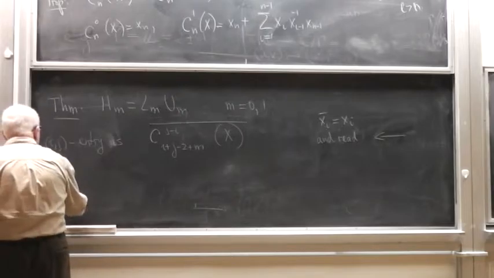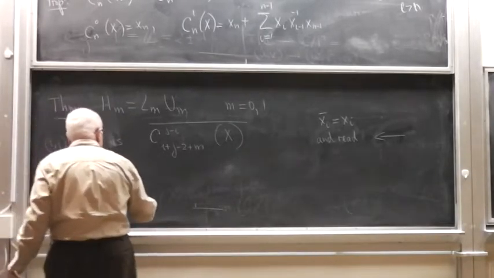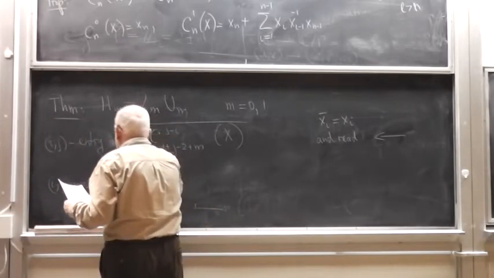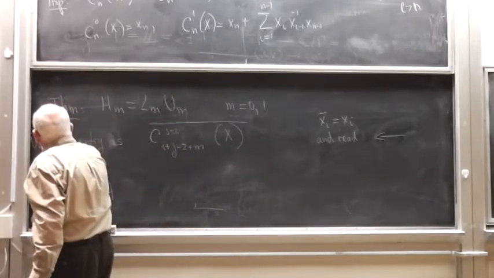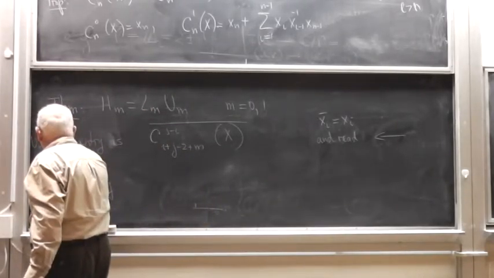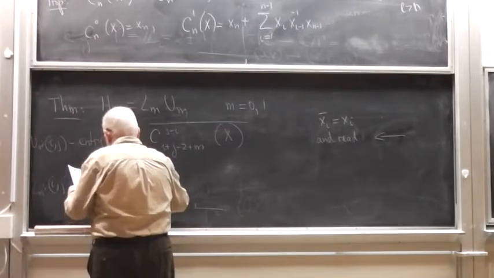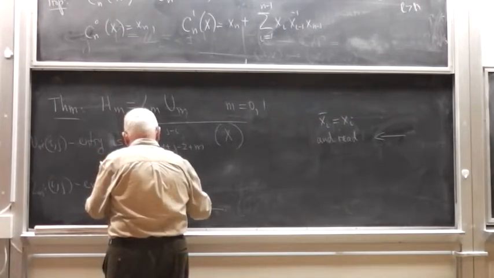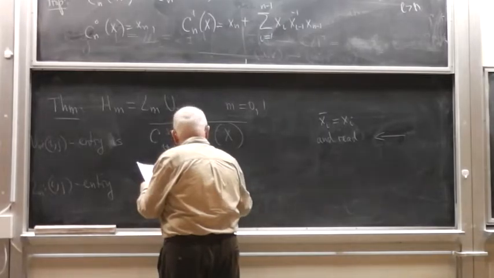And this is a similar entry, and this is for U of M. This is for L of M. This entry is C minus 2 plus M minus G x2.